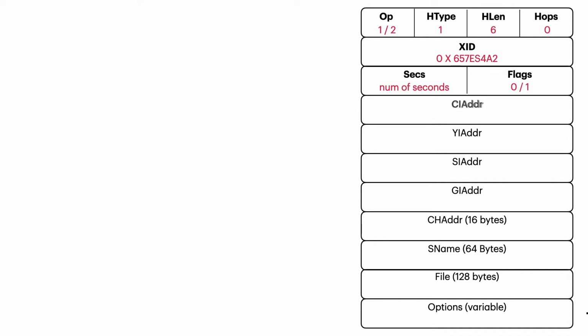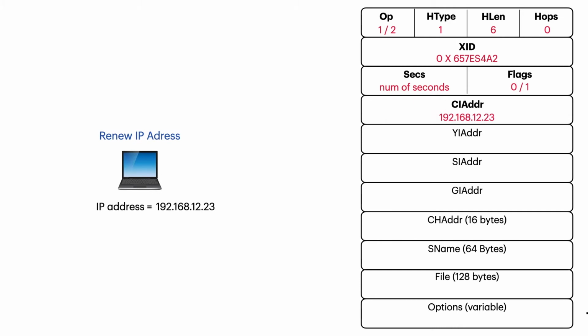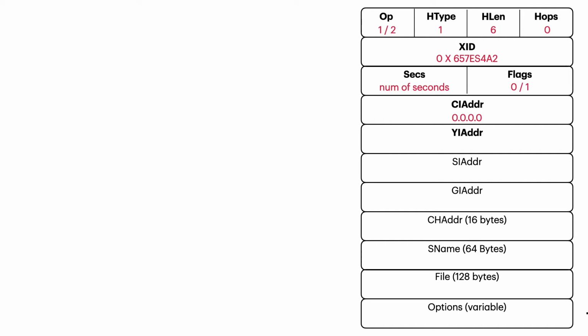Now, client IP address. In case of renewing the IP address, the DHCP client knows its current IP address, so it fills the field with its current IP address. However, when the DHCP client is newly connected to a network or in case of its initial IP configuration, it does not have an IP address, so it sets this field to 0.